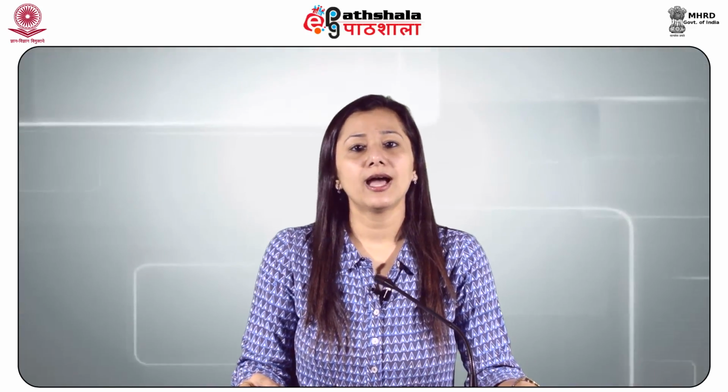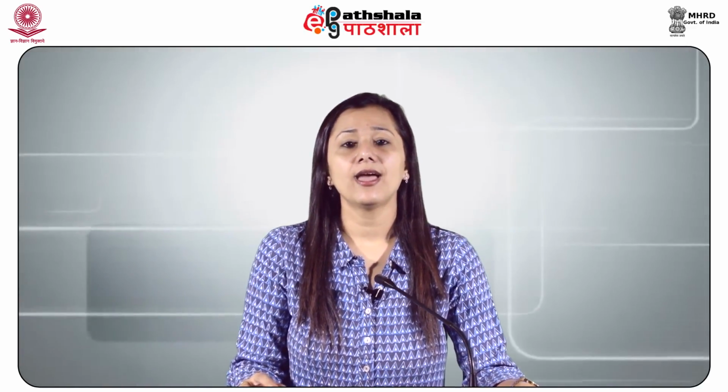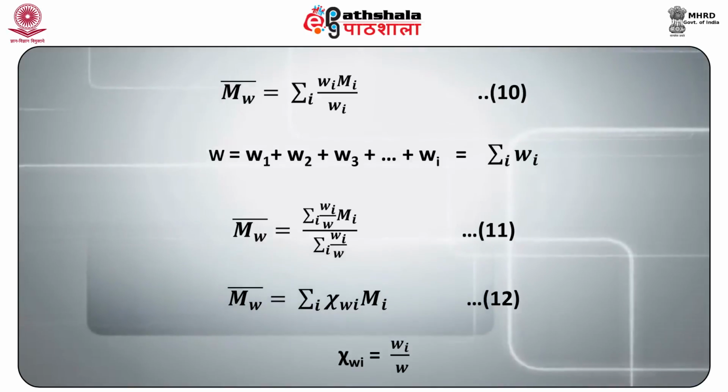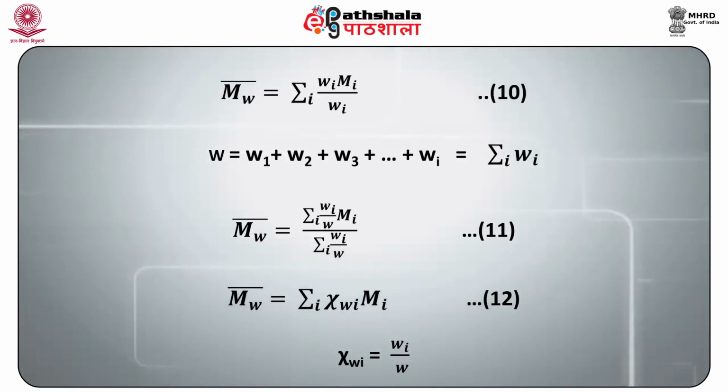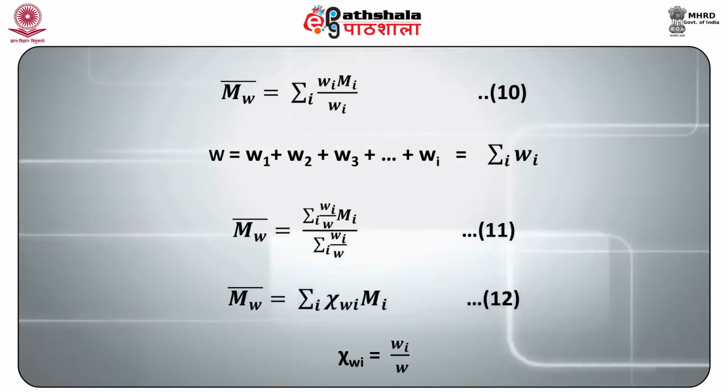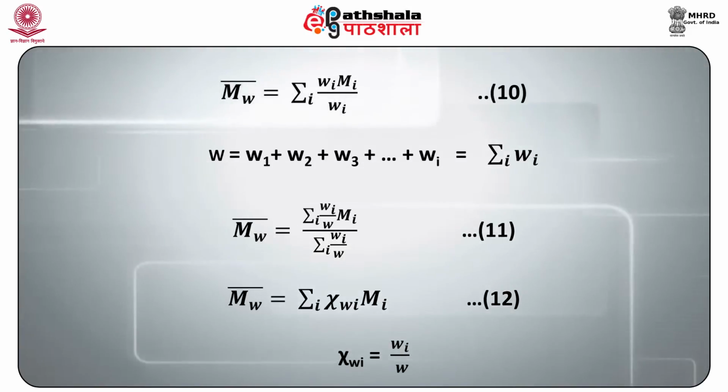When the total weight of groups of molecules having particular molecular weights are multiplied by their respective molecular weights, the products are added and the sum is divided by the total weight of all the molecules. The result obtained is called the weight average molecular weight. Mathematically, weight average molar mass can be represented as Mw bar equals summation Wi Mi by summation Wi, as given by equation 10.